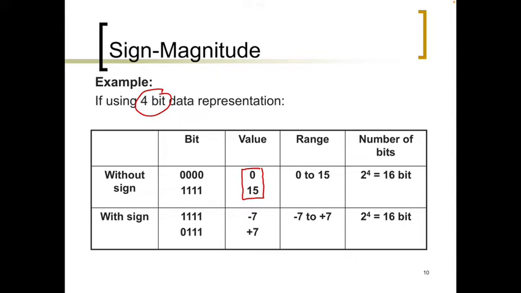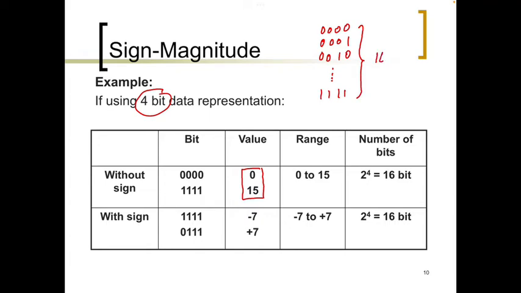How can we get this? We can have 0 0 0 0, 0 0 0 1, 0 0 1 0, until 1 1 1 1. So the total number here is 16.